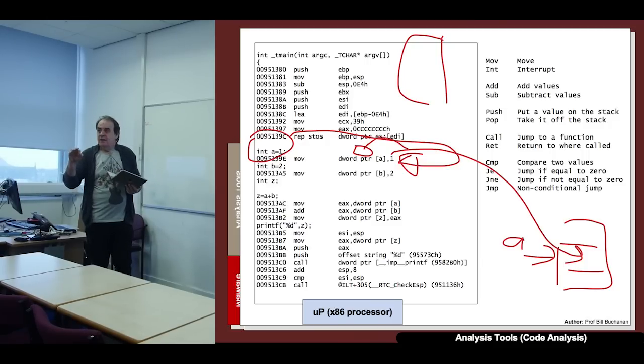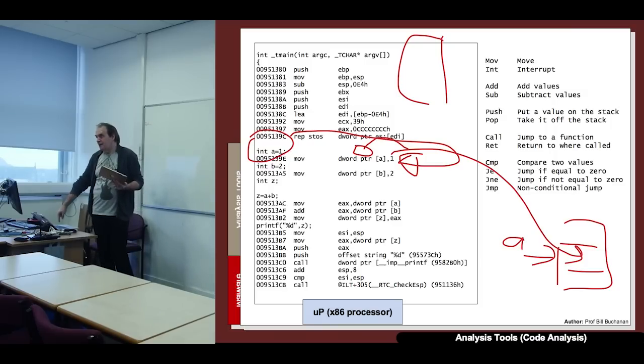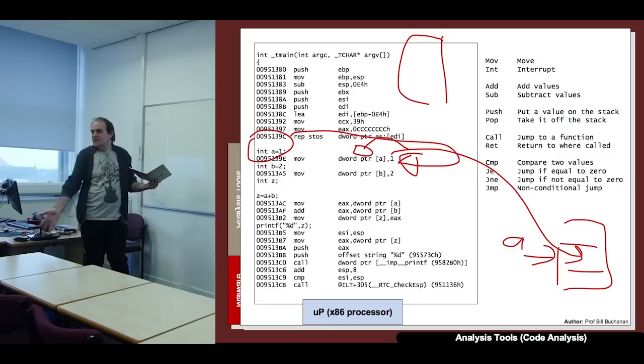So we have the concept of the stack, as you say. The stack is where we put all our variables. If we've just been interrupted by the user pressing a key, we put all our values or our registers onto the stack.